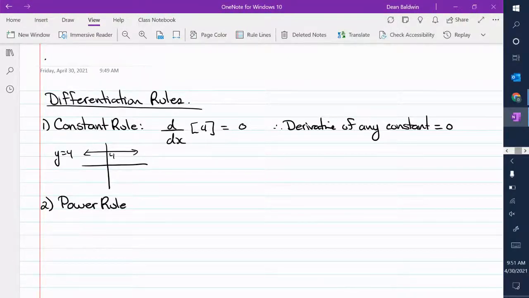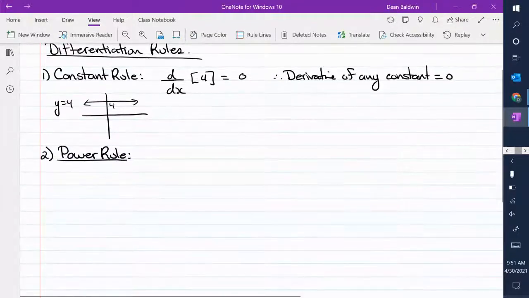The power rule. This is the most common in first year, and everything else we do is sort of a variation of this. I'm going to write the rule, and then we'll just practice it.